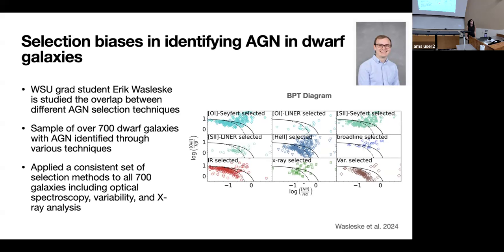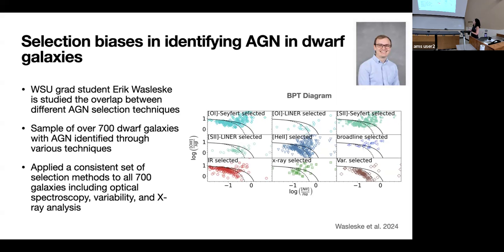So it was a very non-homogeneous data set, but Eric took these 700 galaxies and applied a consistent set of active black hole selection techniques to all of them, and then studied the overlap. So there were 9 different selection techniques that we looked at, including variability, X-rays, optical spectroscopy. And this is just one plot that shows where all of these different populations fall on that original spectroscopic diagram.